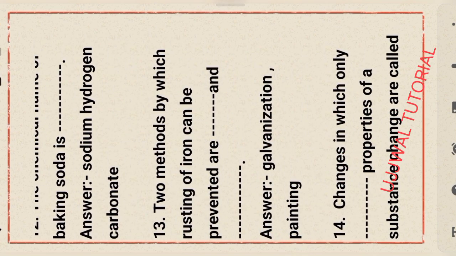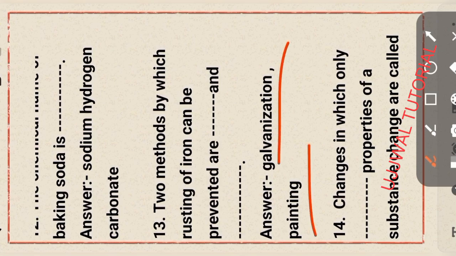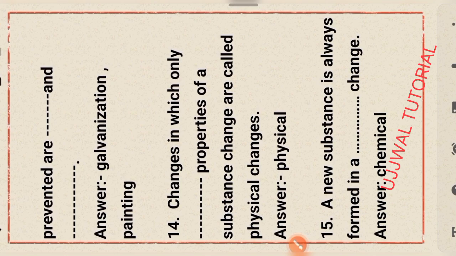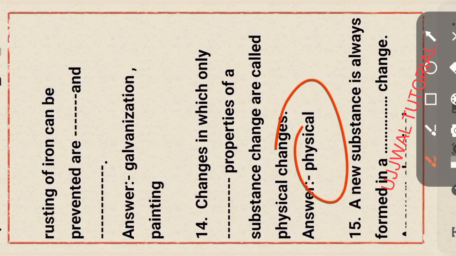Next question, question number 13. Two methods by which rusting of iron can be prevented are galvanization and painting. Okay. Next question, changes in which only physical properties of a substance change are called physical change.